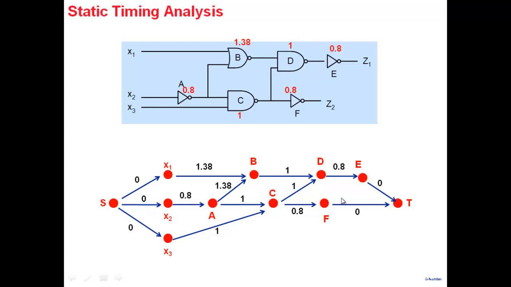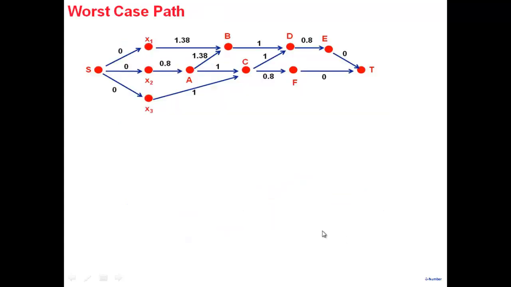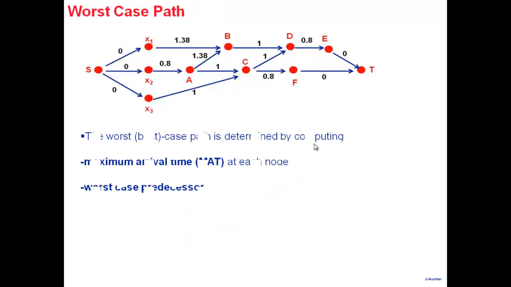How do I find the longest path in my circuit here? Let's say the worst case path. The worst case path is determined by computing a value called maximum arrival time at each node. At each particular node, I determine a quantity called MAT. And while I compute the MAT, I also attach to it the worst case predecessor.